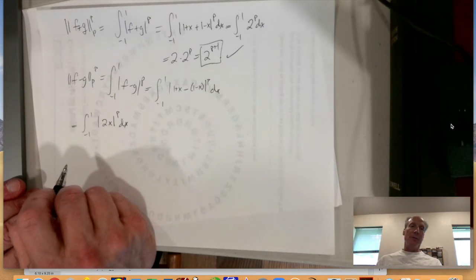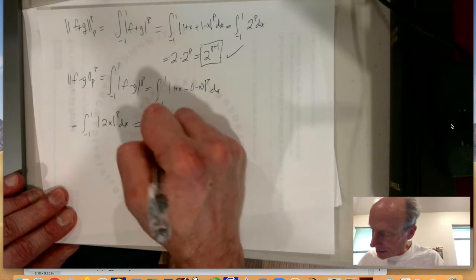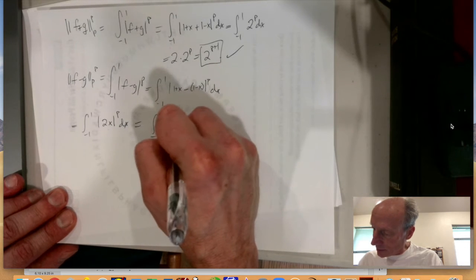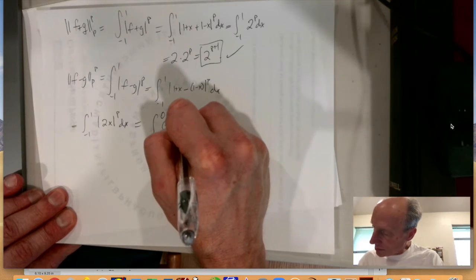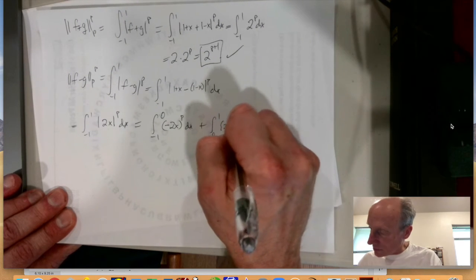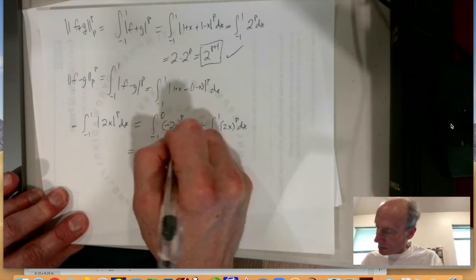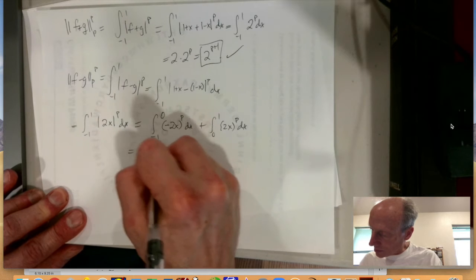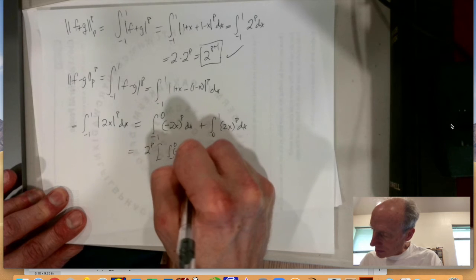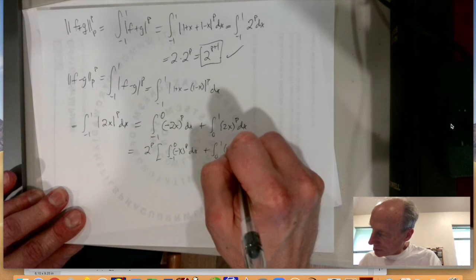Right, Caleb, we have to divide it up because this isn't always positive. So let's do negative 1 to 0 of negative 2x to the p dx plus the integral from 0 to 1 of positive 2x to the p dx. Pulling the 2 to the p's out, we get the integral from negative 1 to 0 of negative x to the p dx plus the integral from 0 to 1 of x to the p dx.